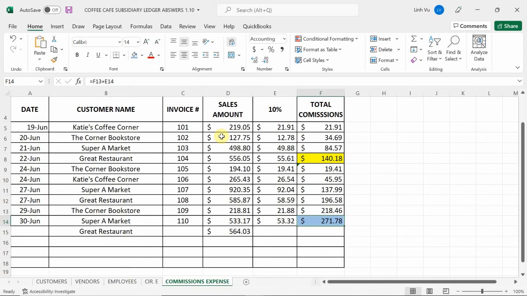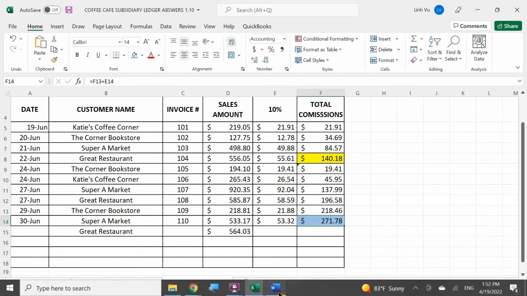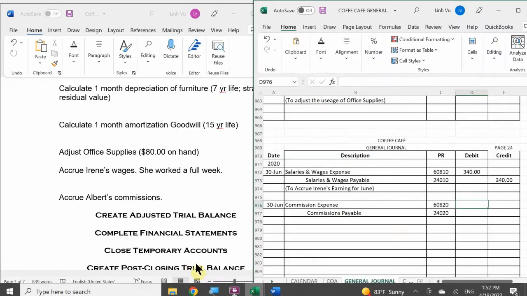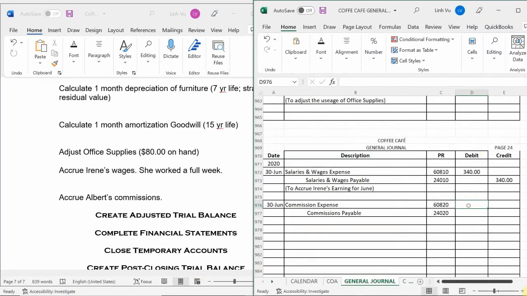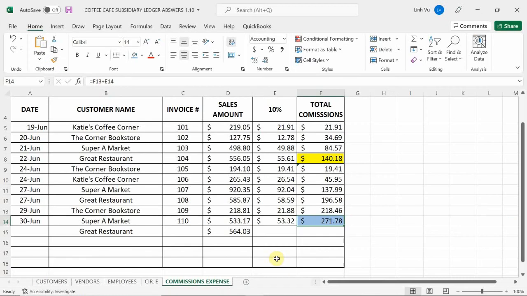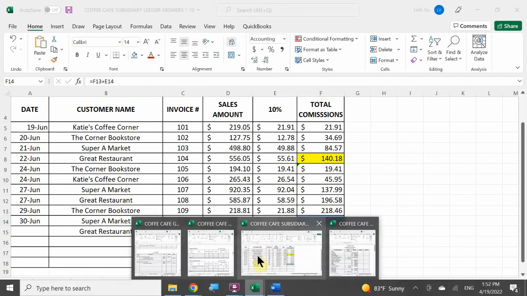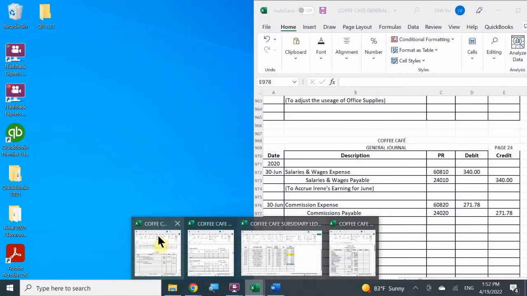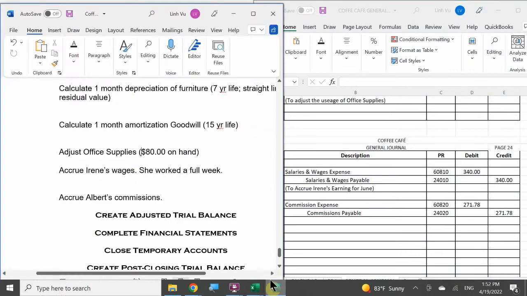$271.78. All right, so that means you're completely done with your subsidiary, because this is the last transaction that you have here.